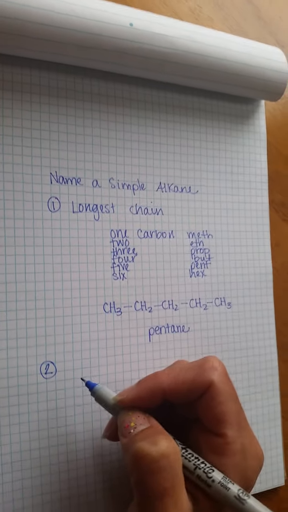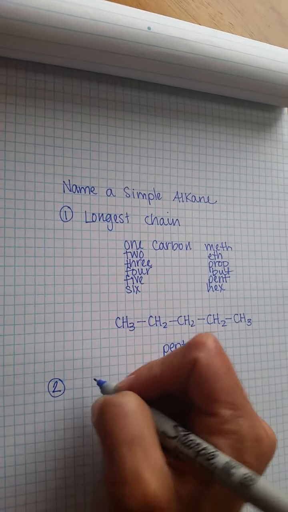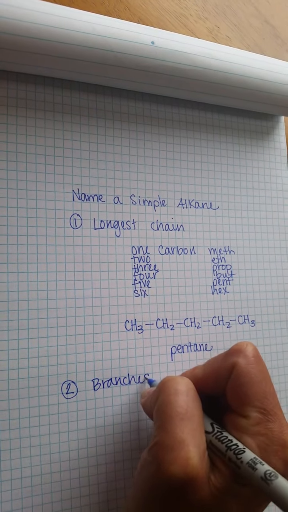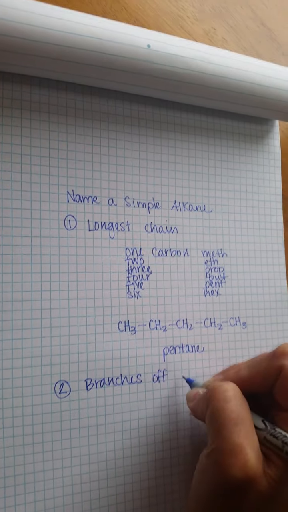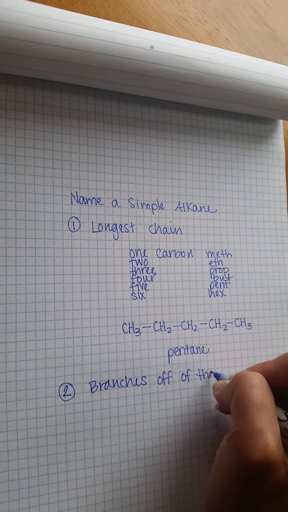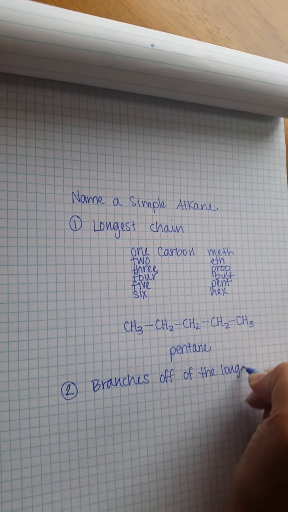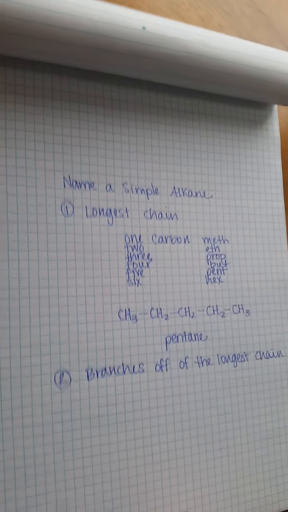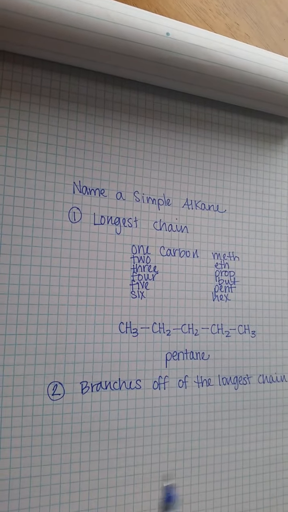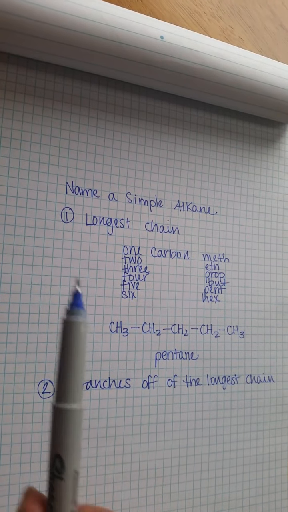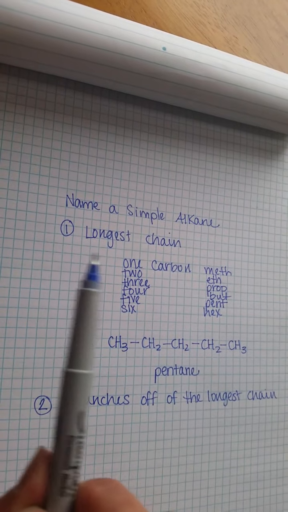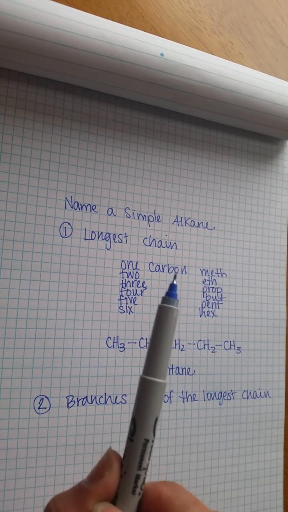The next step is how we're going to deal with branches off of the longest chain. Building off of the first step, the first thing you will always do is find the longest chain.